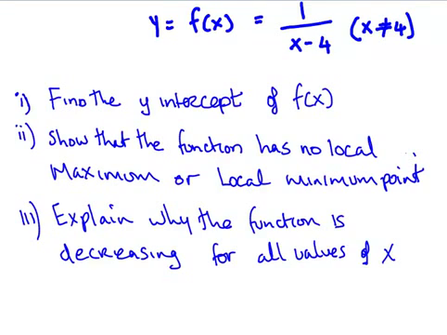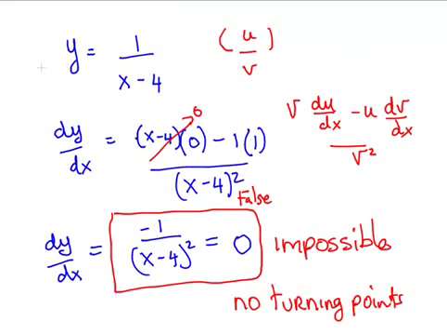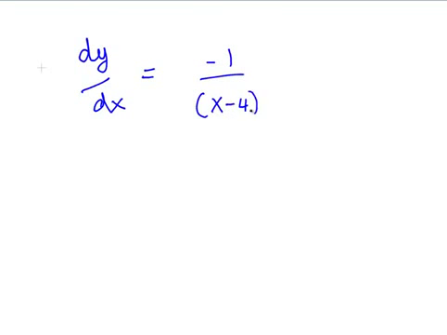We found earlier that the derivative of y with respect to x is minus 1 over x minus 4 squared. I'll write it out again: dy over dx equals minus 1 over x minus 4 squared.